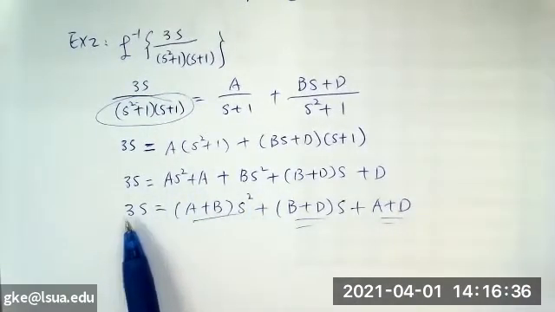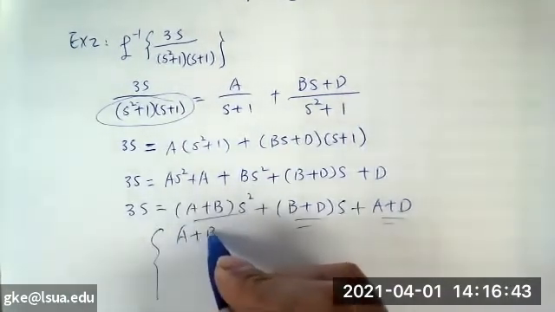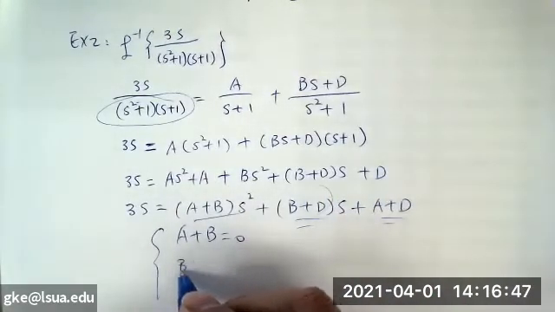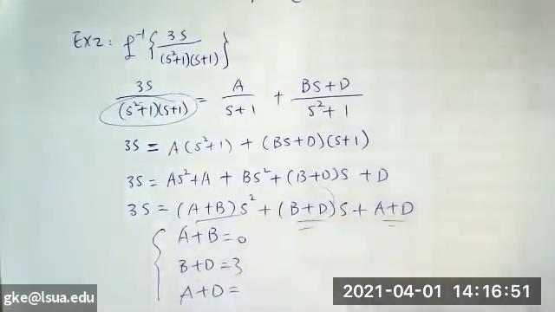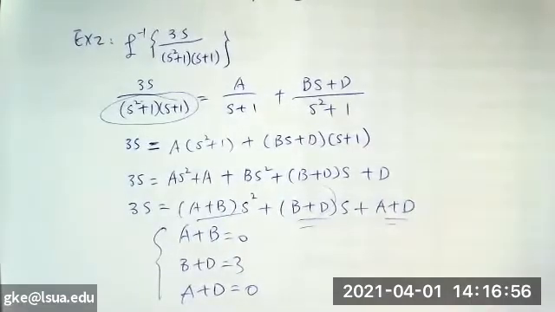Since on the left-hand side we don't have s squared, A plus B equals 0. B plus D equals 3. A plus D equals 0.